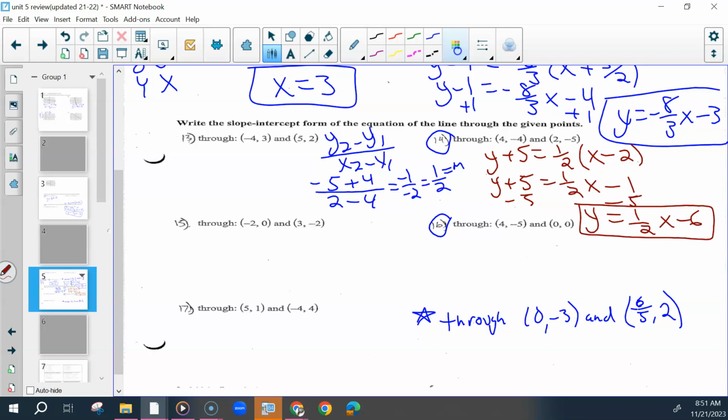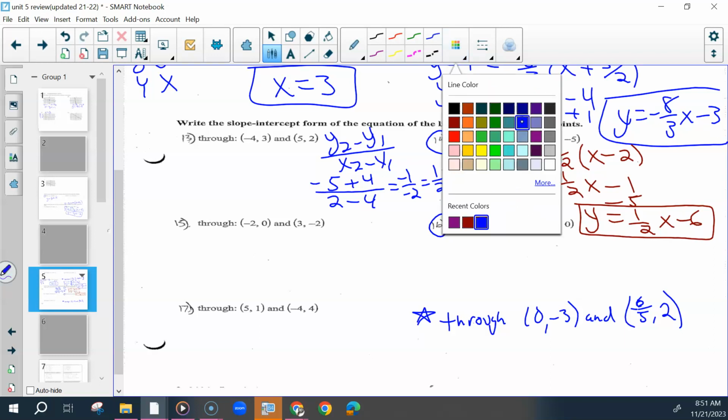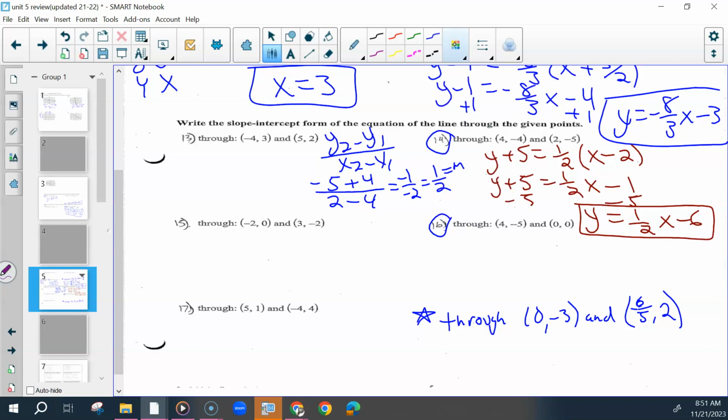Similar process for 16. Find the slope. So we have 0 plus 5 or minus 5 over 0 minus 4. What would our slope be? But we would just write it as -5/4 in general, either with a negative up top or out front.